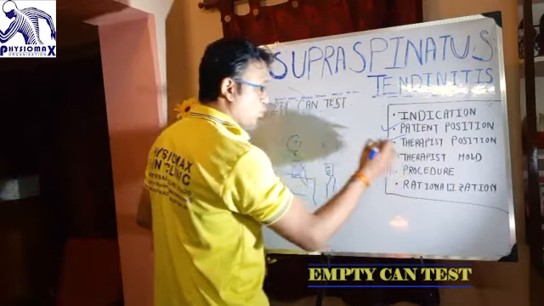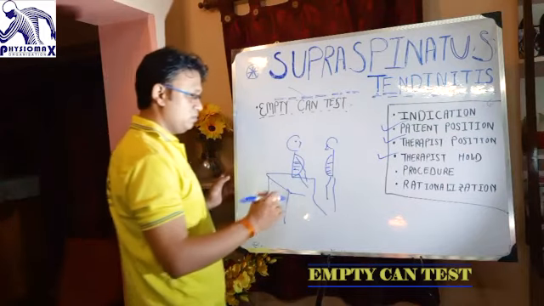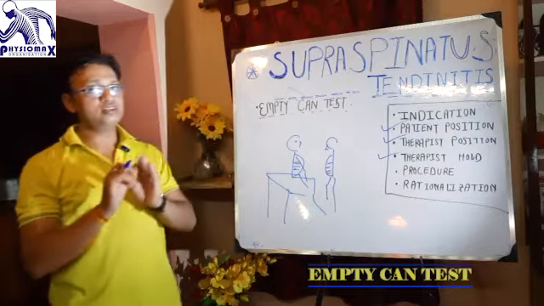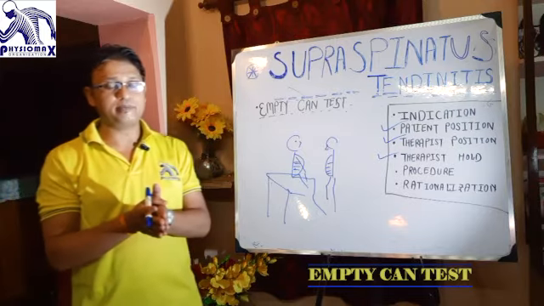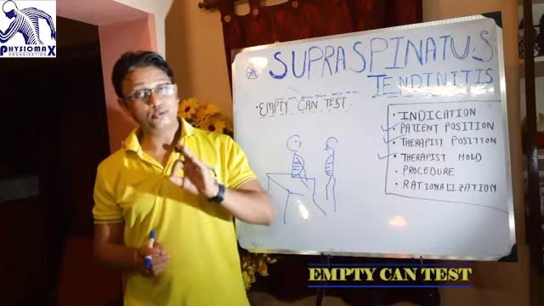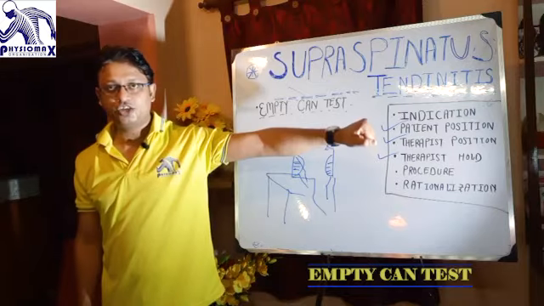Now the therapist hold. The therapist will ask the patient to lift the arm in a horizontal abduction position. Now what is this horizontal abduction position? That's what you need to understand. Here the patient will actively lift the arm. This is what is called abduction.